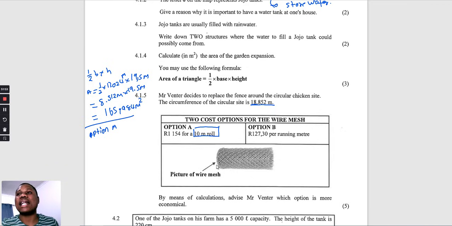He will need another 8 meters. They are not selling 8 meters, but he can buy two 10 meter rolls. So he must buy 20 meters. So the 20 meters is going to cost him 1,154. We multiply it by 2 because he's going to buy two 10 meter rolls. 1,154 multiplied by 2 equals 2,308.